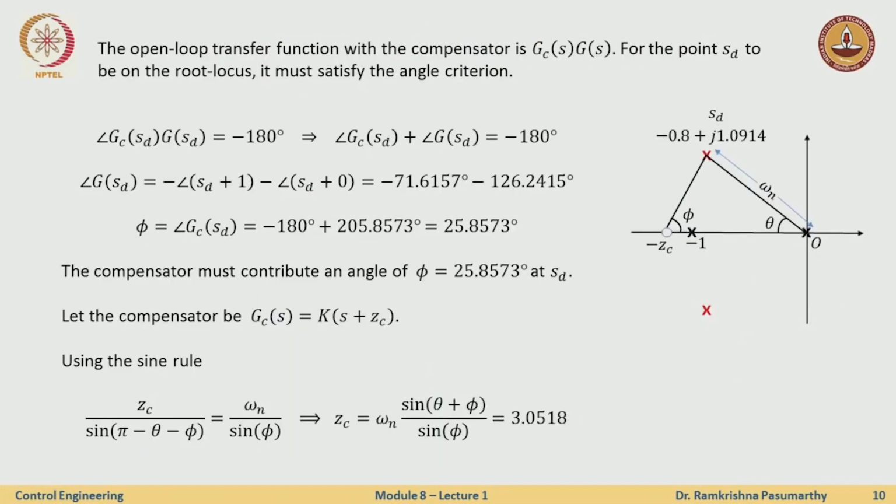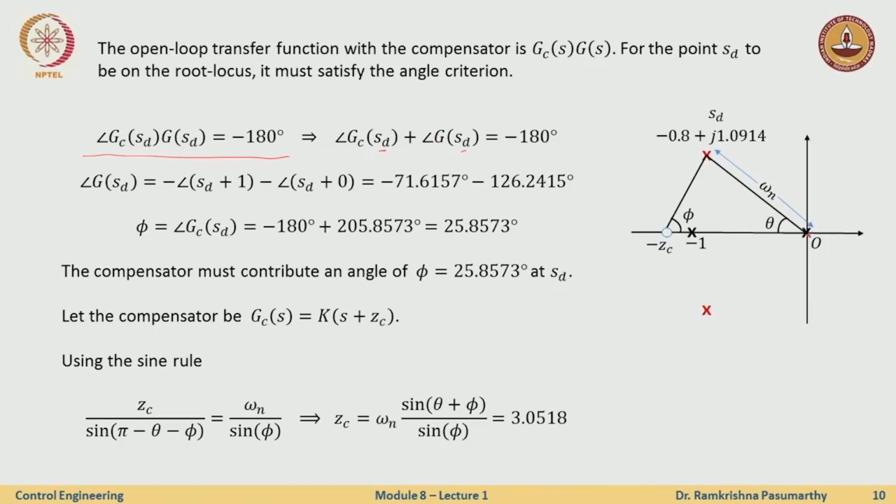The first thing we would like to see is how much I pull. You pull just enough such that it meets the angle criterion: the angle of my compensator evaluated at sd plus the angle of my plant evaluated at sd should be minus 180. Now, what is my plant?